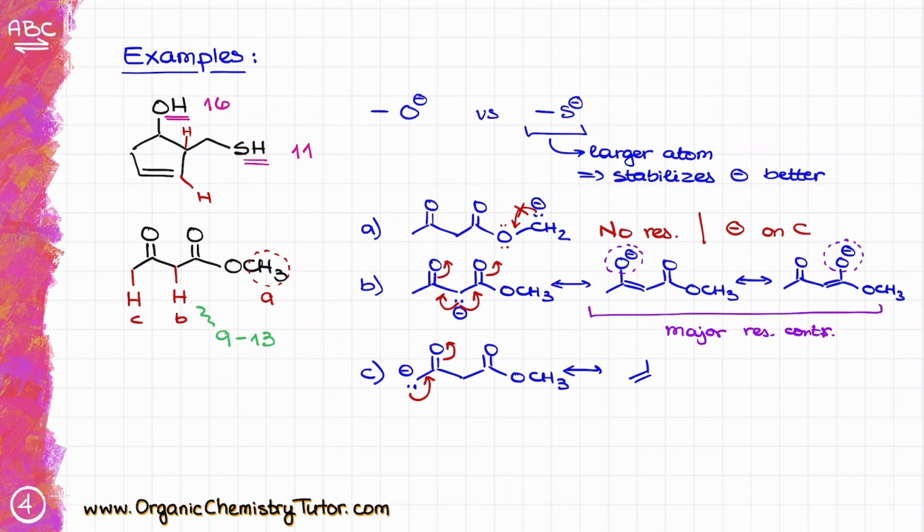While it is in fact a major contributor as well, there is only one resonance structure that I can draw here in addition to my original one, and only one major contributor is significantly less effective in stabilizing the negative charge than the two major contributors that I have in the case of B. So using our factors, we can easily see that in this case, our proton B is going to be the most acidic for this particular molecule.